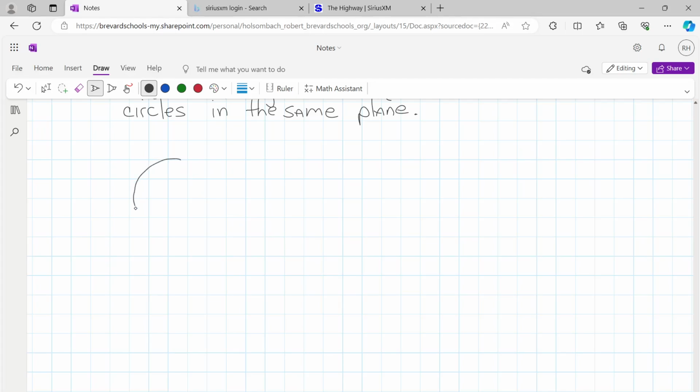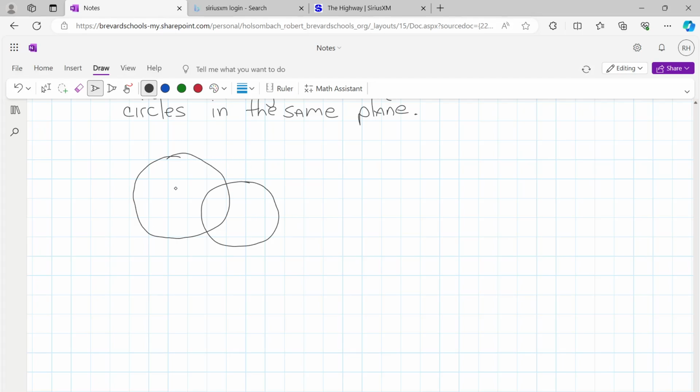So try to draw something that looks like this, and then we've got a smaller circle that overlaps it. And you're asked to draw the common tangents. If no common tangent exists, state no common tangent.